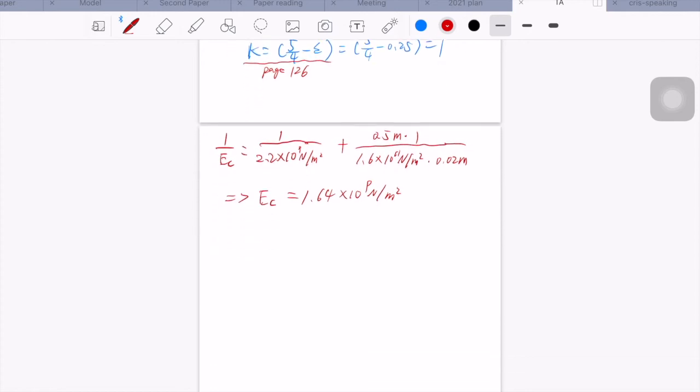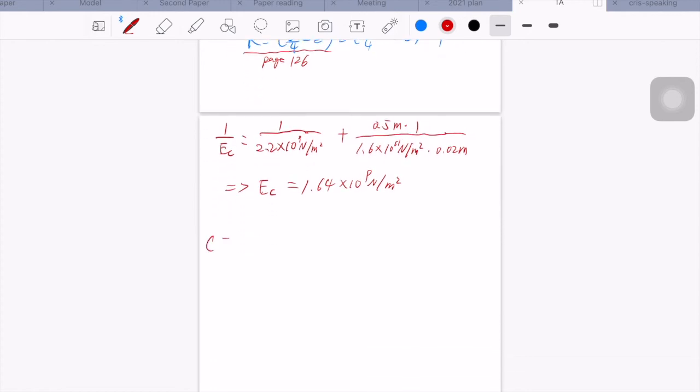And now we know C equals square root of EC divided by rho. So the value is square root of 1.64 times 10 to the power of 9 Newton per square meter divided by rho.